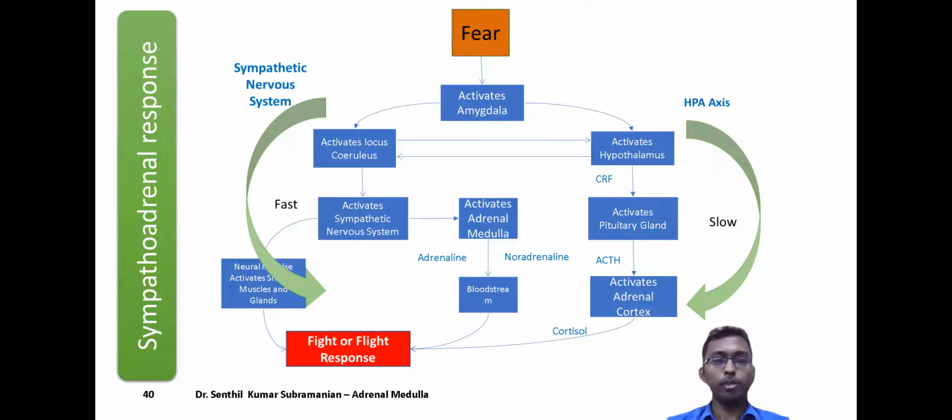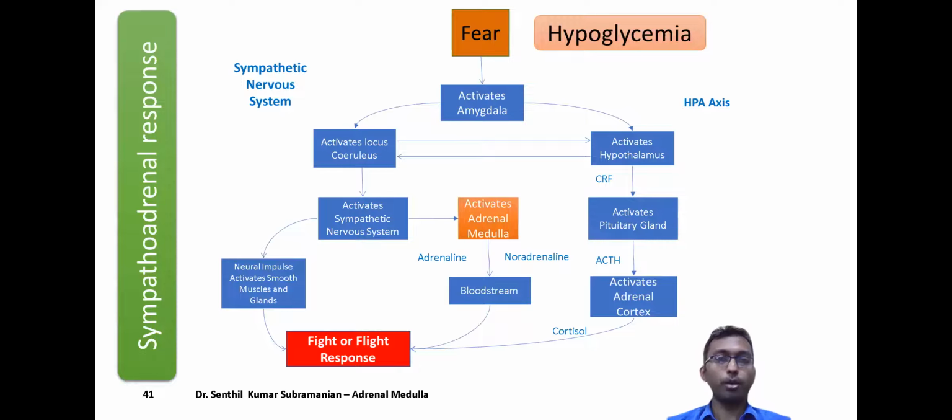However, which limb is stimulated depends upon the type of stimulus. Let us take an example of hypoglycemia. In this, the adrenal medulla is stimulated more than the adrenal cortex or the sympathetic nervous system. This is because the adrenaline, or epinephrine, secreted from the adrenal medulla is essential for the metabolic actions and to increase the blood plasma glucose levels. Hence, in hypoglycemia, the adrenal medulla is stimulated more than the other limbs.